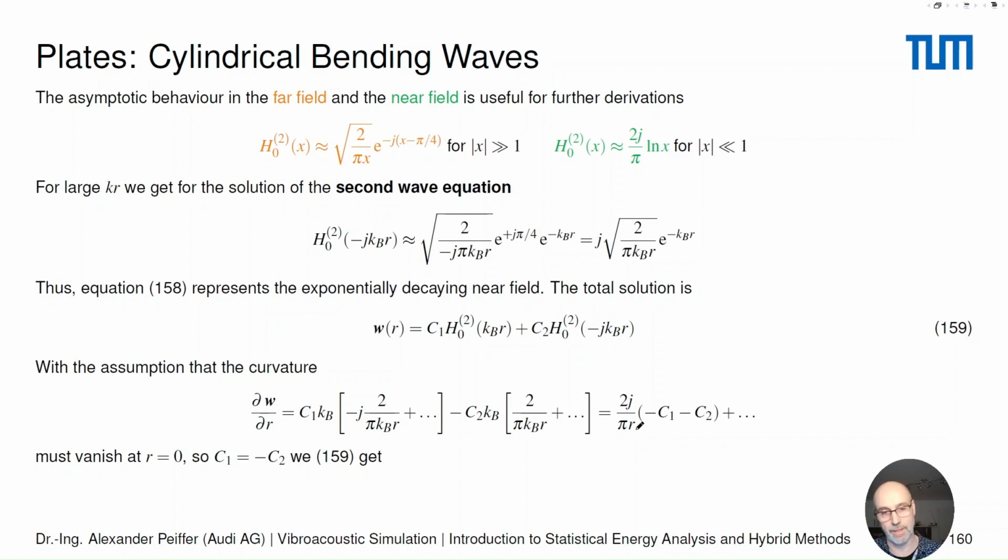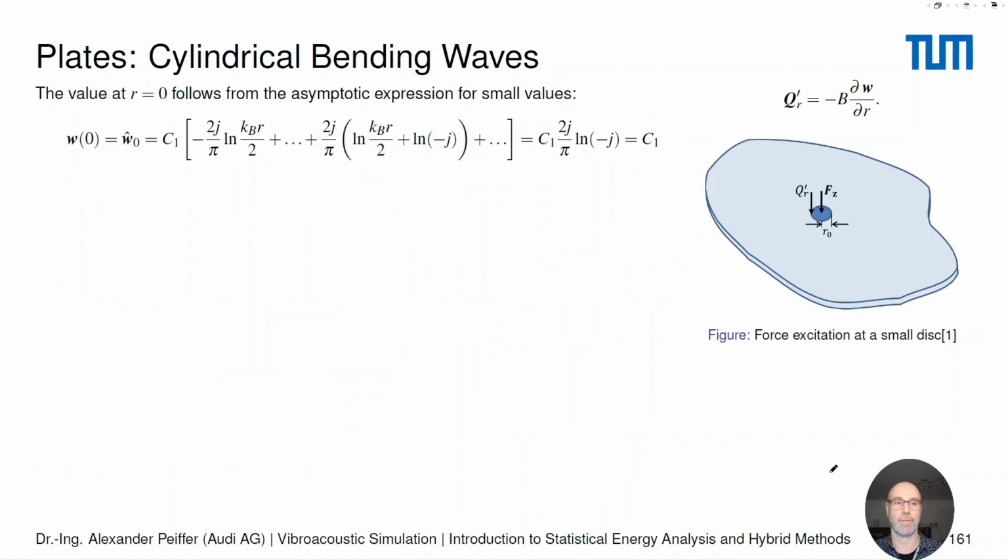We have the r in the denominator, and the only chance to fulfill the requirement that it gets 0 is that those quantities are the same. C1 must be equal to minus C2. That means we got rid of one of the constants. So we have replaced this by C1, and our final solution is the combination of these Hankel functions plus the remaining constant C1. How do we get C1? This will follow in the next step.